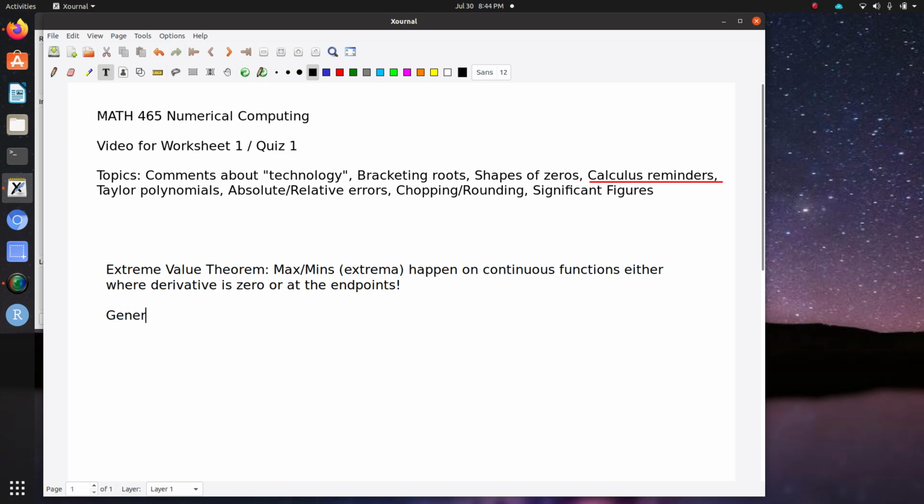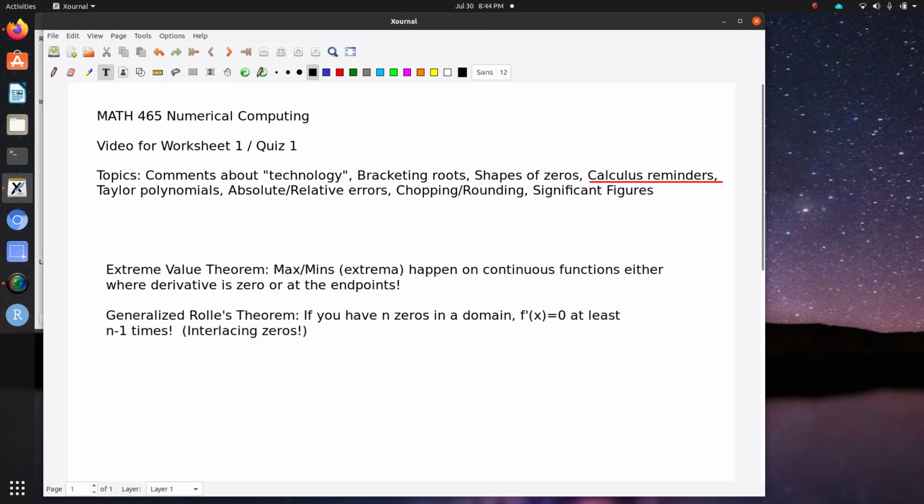The generalized Rolle's theorem says if you have n zeros in a domain, f prime of x equals 0 at least n minus 1 times. This is kind of cool because of this concept we call interlacing zeros.